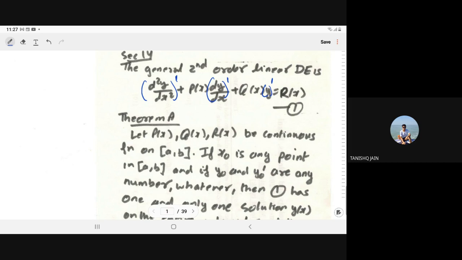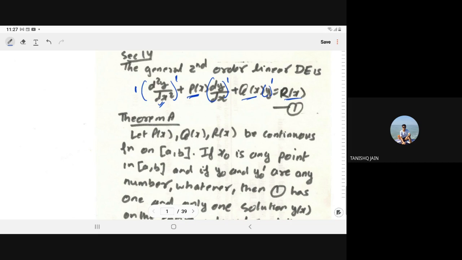And here the highest order derivative present is 2. So this is known as the second order linear differential equation. Most generally, here we have a function of x, here a function of x, and here a function of x. Always in the standard form, we consider the leading coefficient as 1. By chance, if there is no 1, just divide by that coefficient, and you will get the standard form.